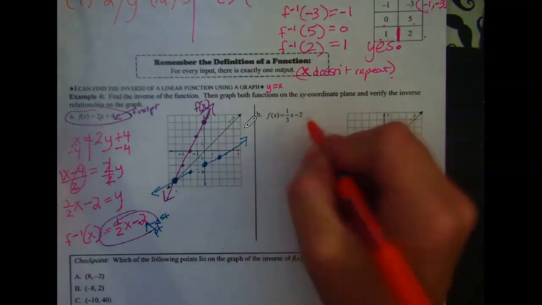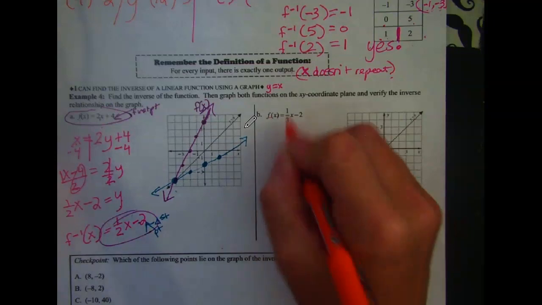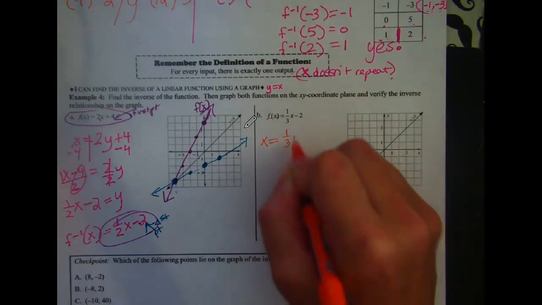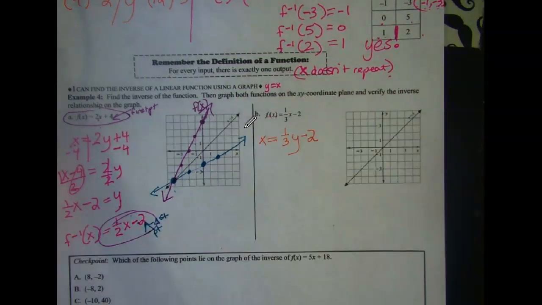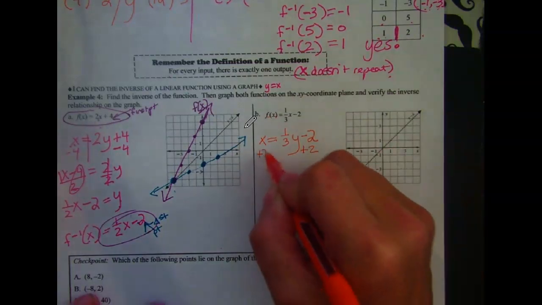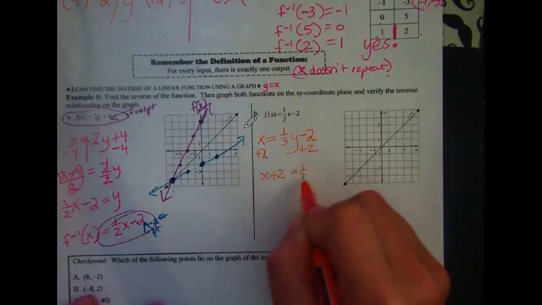Okay, so for this one, we would have had our f of x becomes a y, and so we would have x equals 1/3 y, because we're moving them into different positions, equals 2. So now I'm going to do plus 2, and I get x plus 2 equals 1/3 y.